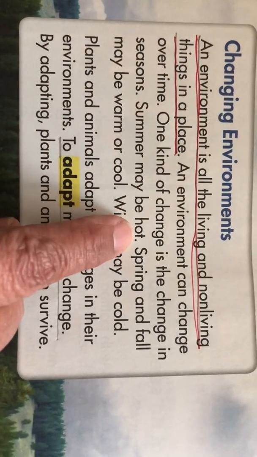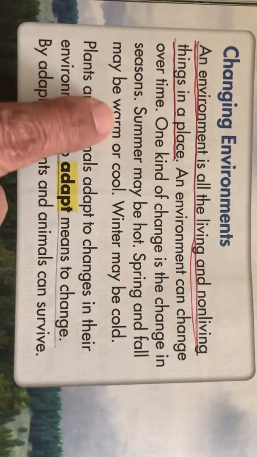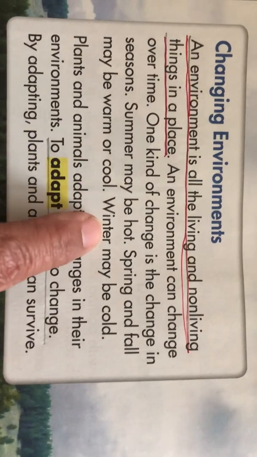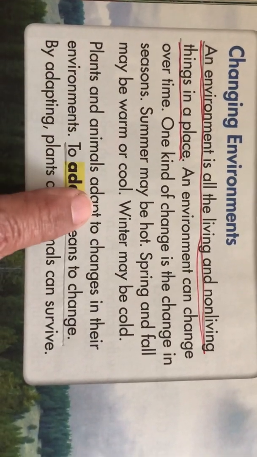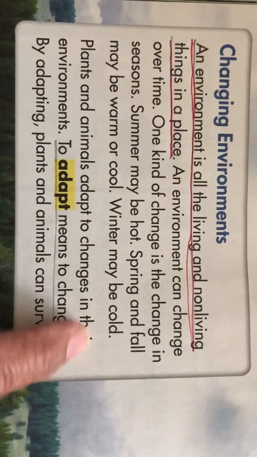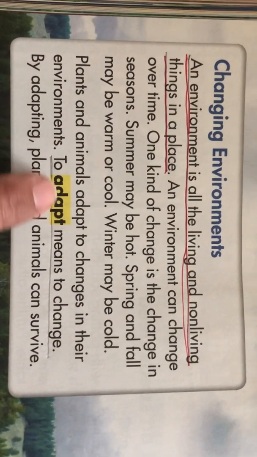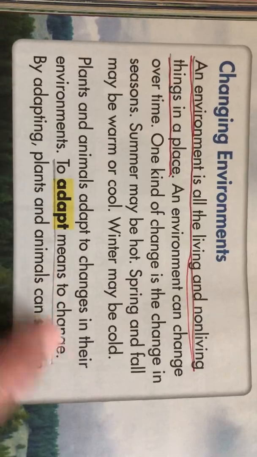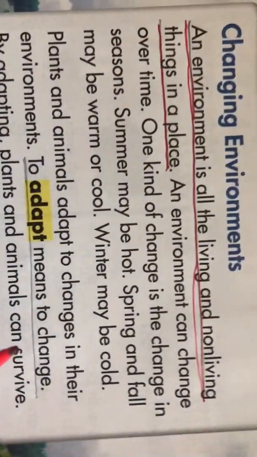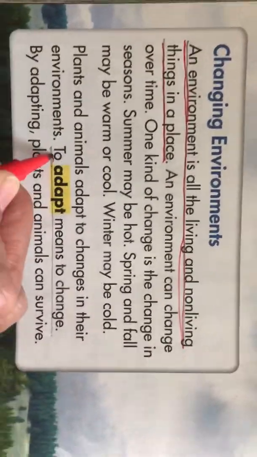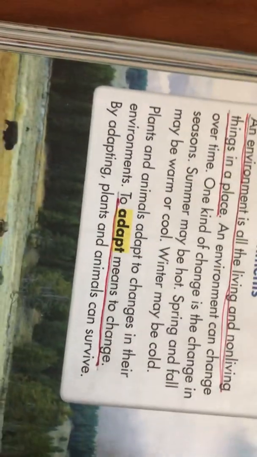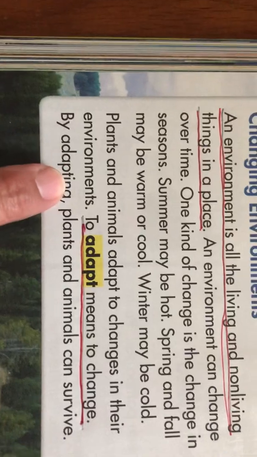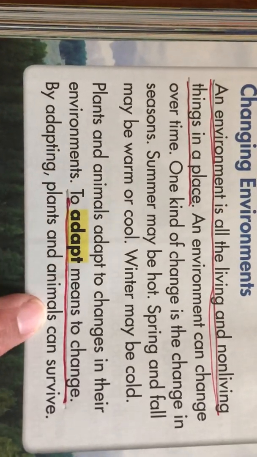Summer may be hot. Spring and fall may be warm or cool. Winter may be cold. Plants and animals adapt to changes in their environments. To adapt means to change. Please make sure and mark that. By adapting, plants and animals can survive.